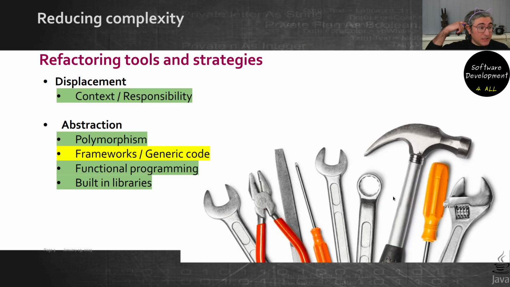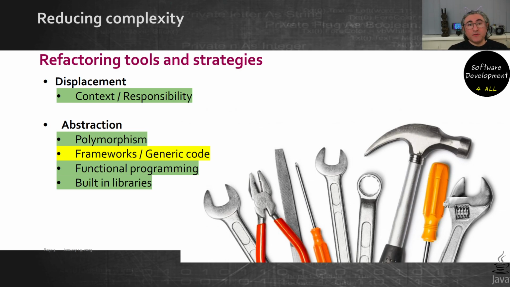So we have already talked about refactoring tools and strategies using displacement and abstraction. Displacement is basically, we did one context, displacement by responsibility. You can do it in other contexts such as architecture and more.